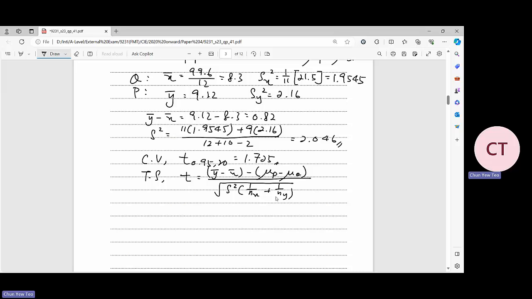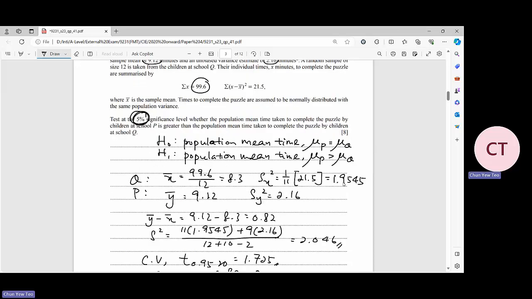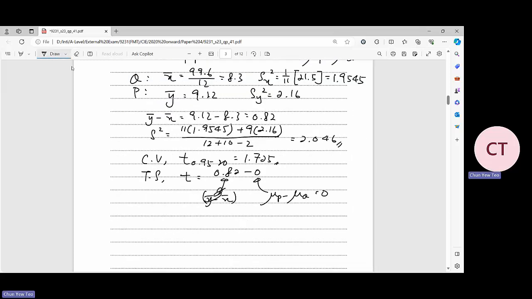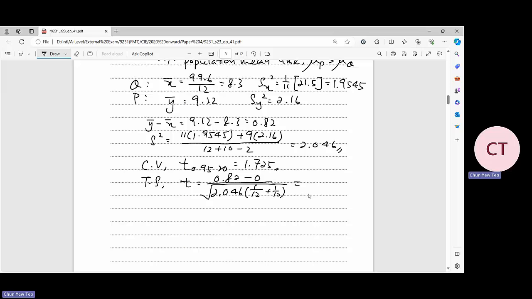We are supposed to use this formula, but I don't need to write it down. I just apply the values inside. So we write 0.82 minus 0. Remember this is bar Y minus bar X, and this is mu P minus mu Q. Mu P minus mu Q equal to 0 is coming from the hypothesis. So I straight away write 0.82 minus 0, divided by the square root of 2.046 times (1 over 12 plus 1 over 10). Press the calculator, and your answer will be 1.339.